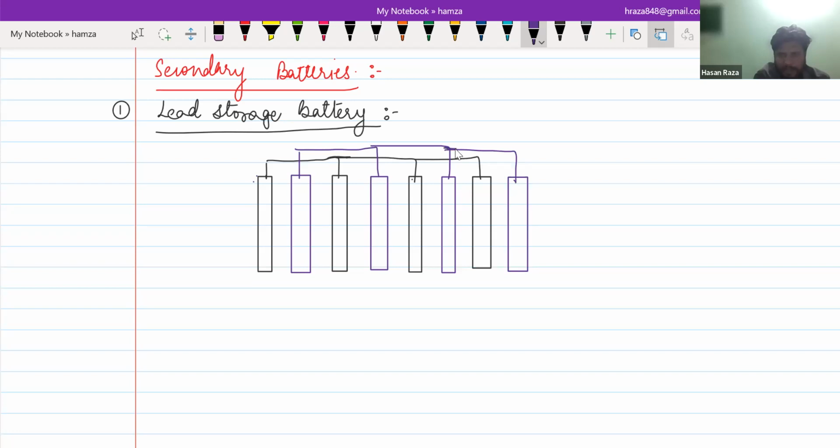These are all connected like this. Also, all are independent.